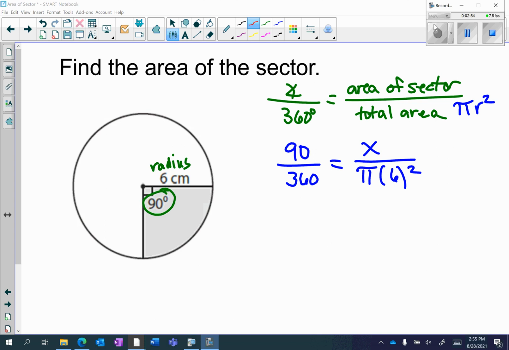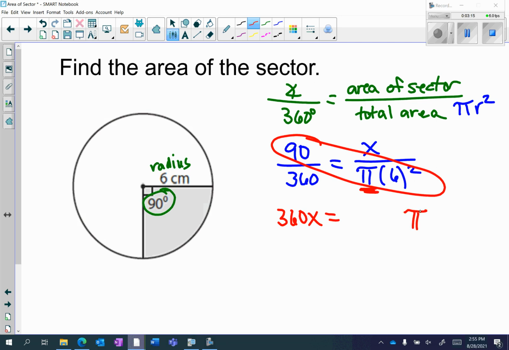Now, because this is a proportion, we're going to cross multiply. So we're going to do 90 times pi times 6 squared is equal to 360 times x. So we're going to do 360 times x is equal to, I am going to leave it in terms of pi. So 6 squared is really 36. 36 times 90 is 3,240 pi.